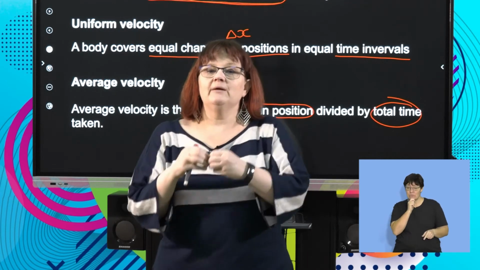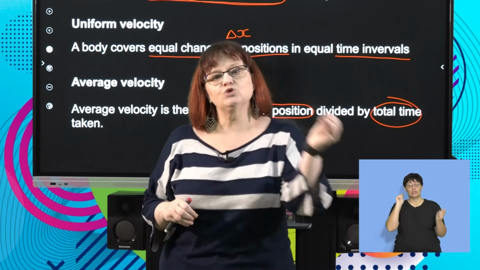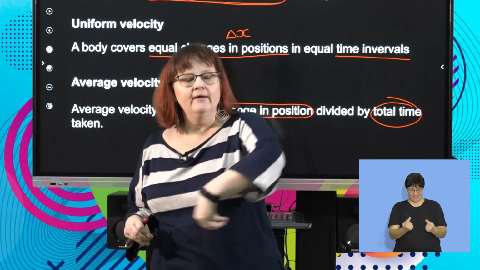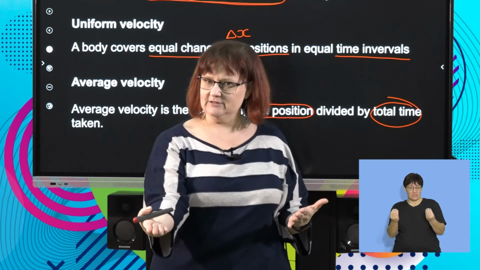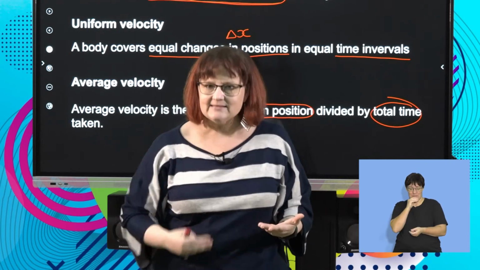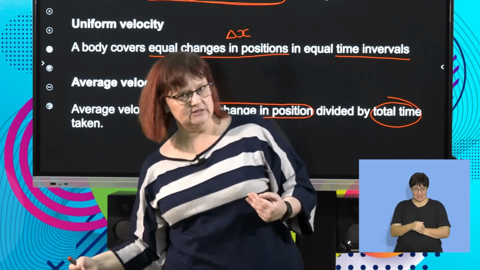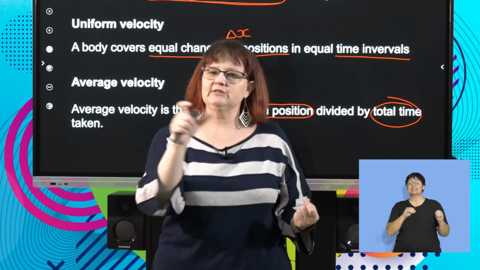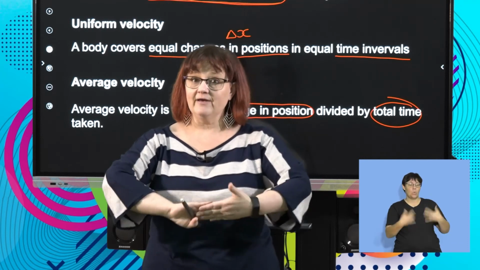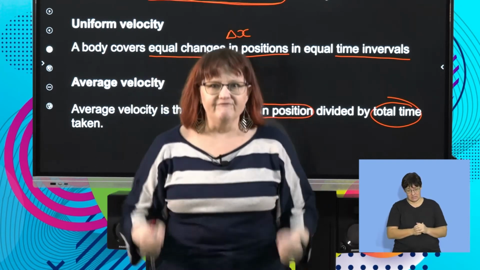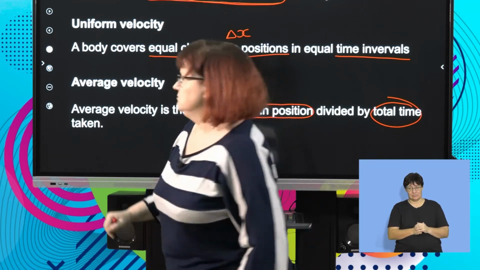It's whether I'm using distance or change in position. We will often say the displacement of something, that is the change in position. But we don't use the word displacement in our definitions. Definitions, very, very important, okay?